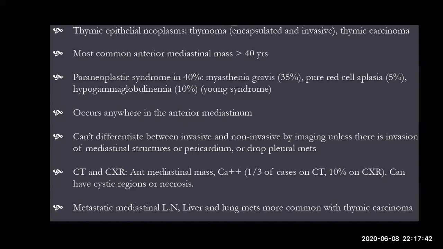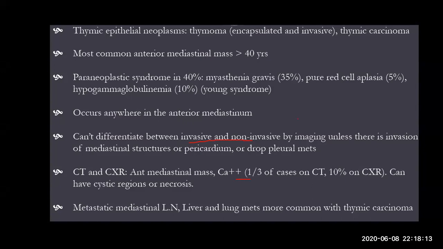We cannot differentiate 100% between invasive and non-invasive because imaging is not histology. But if we see lymphadenopathy, pleural effusion, or metastasis, it is more likely the invasive type. Calcification is seen in about one third of patients.